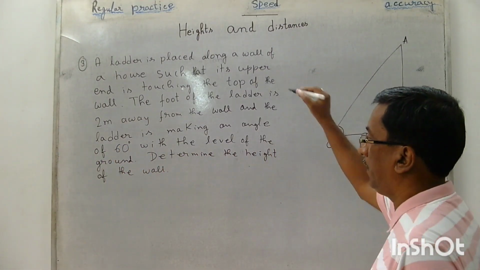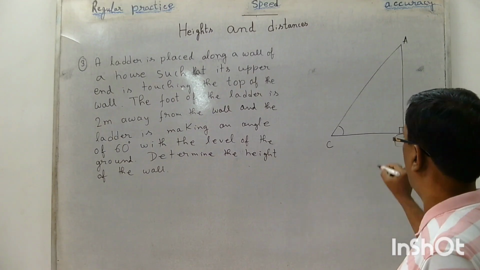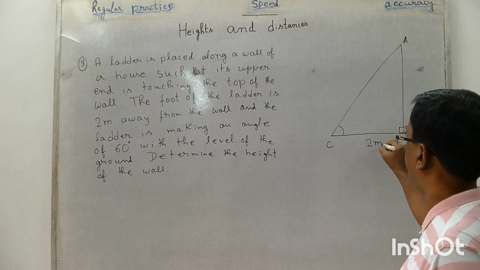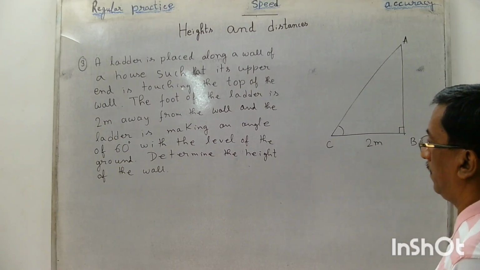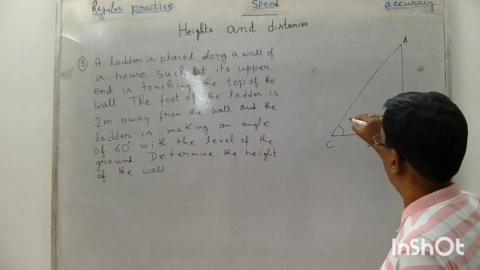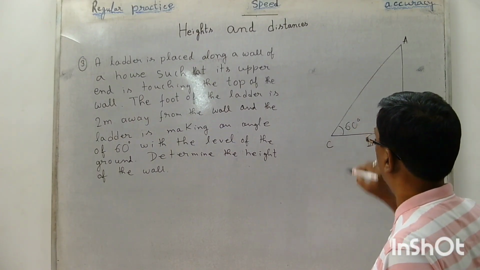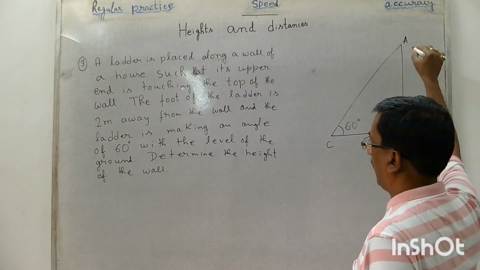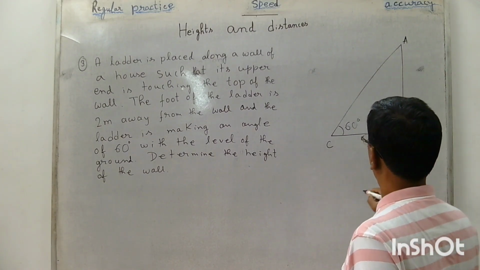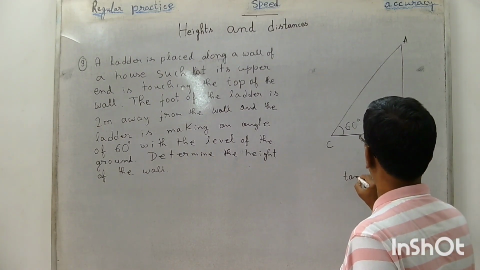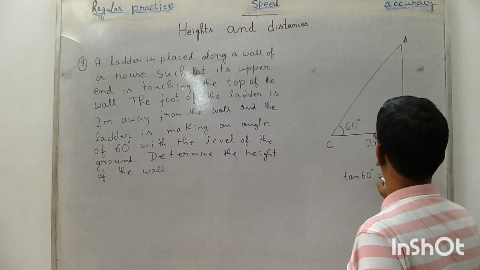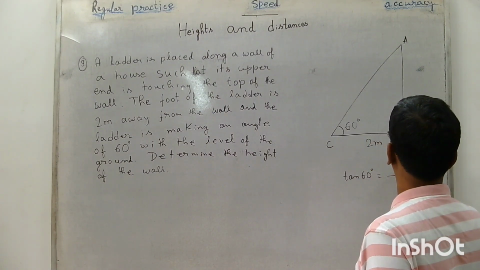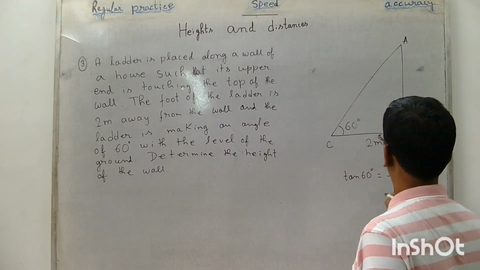So, according to the question, this is 2 meter. This is 60 degrees. So we have to find the height, that means AB. Tan 60 equals AB by BC.